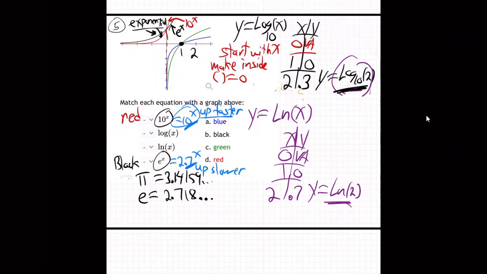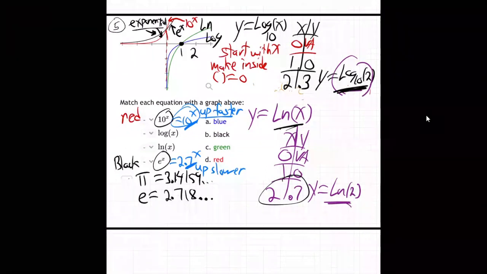So anyway, which one of these is higher up? This one. Over 2, up 0.7. The natural log is higher. So this one must be the natural log that's higher, and this is the regular log that's on the bottom. The natural log must be the green.